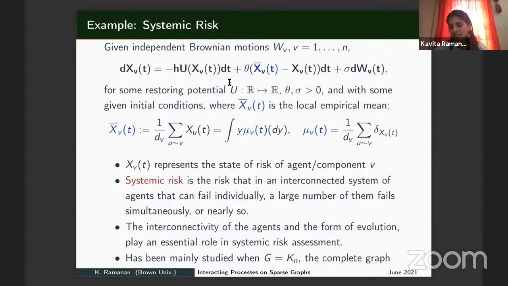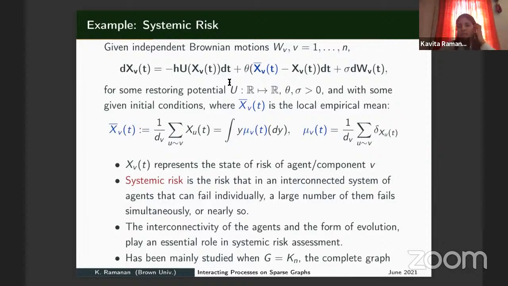People are interested in, for different values of H and theta, what kind of connectivity patterns lead to the whole system failing, even when individuals are not failing as much. So these dynamics are of interest in systemic risk problems.